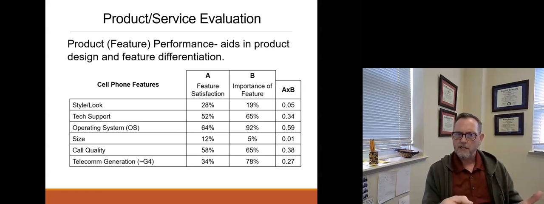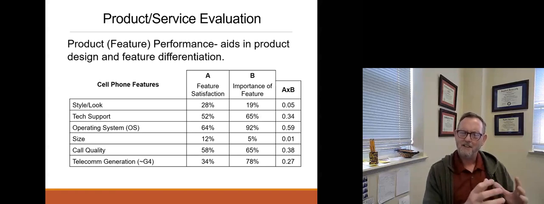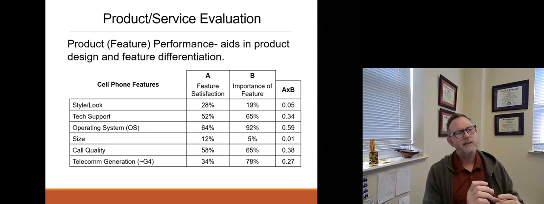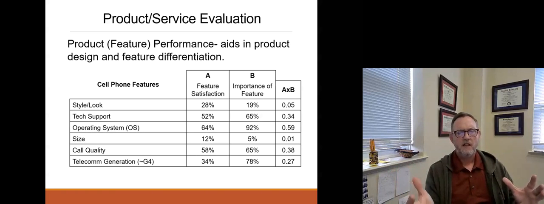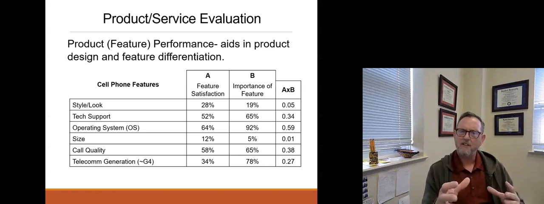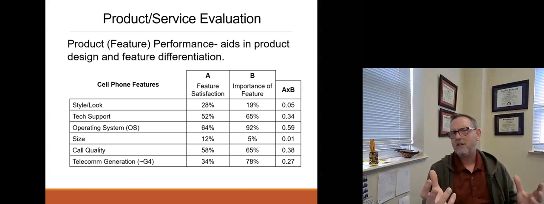But on the other side, when you look at importance of features, size, nowadays there's some variation in size, but it's not really like it used to be. You wanted a really small one, then people wanted really big ones, and now it's settled on probably a narrow range of size. So if you look across the pantheon of phones, there's some variation, but not a lot.